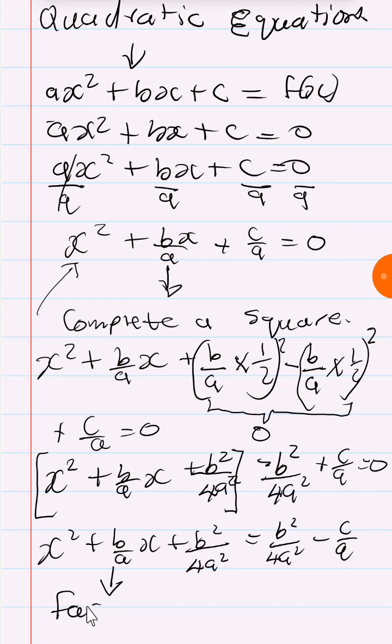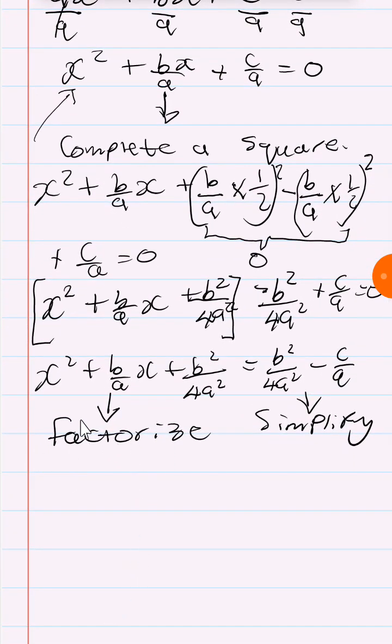To factorize and then simplify. The factorization of that is x plus something, where anything that is going to form b over a is 1 over 2 plus 1 over 2, which is 1.